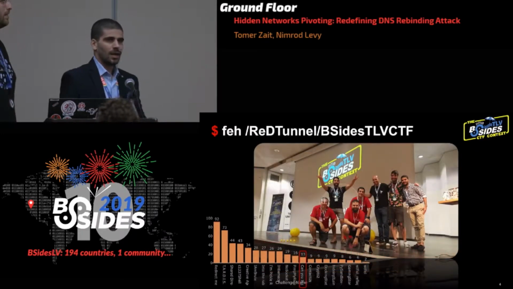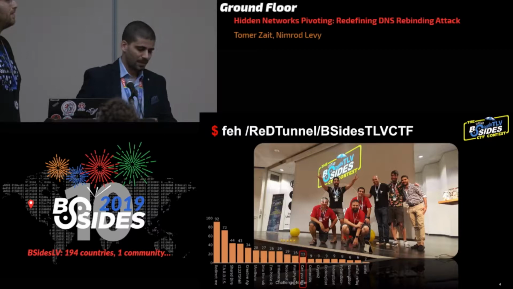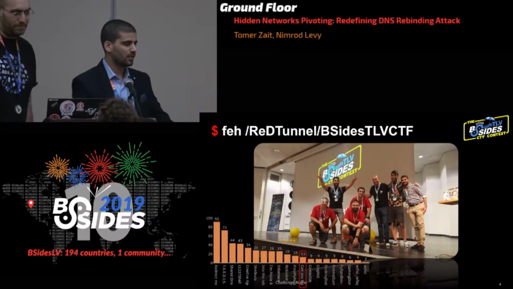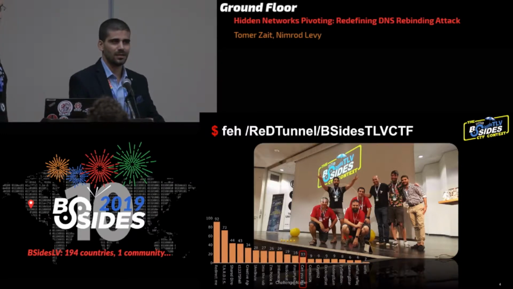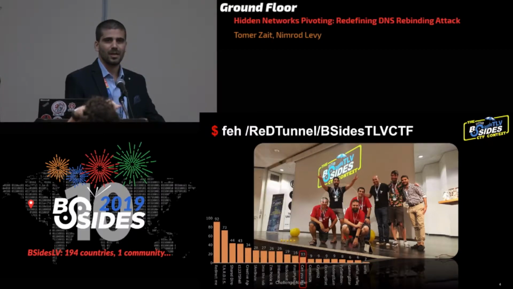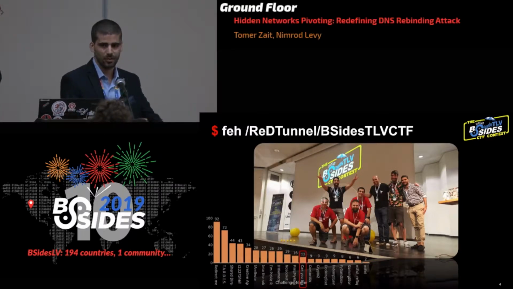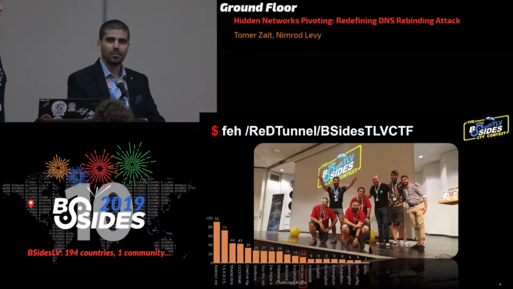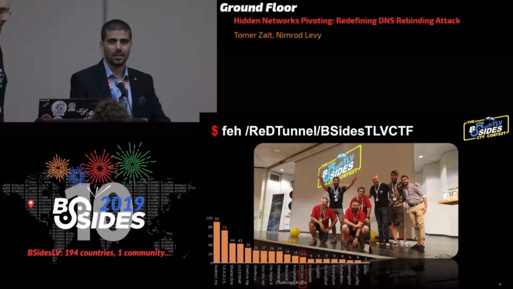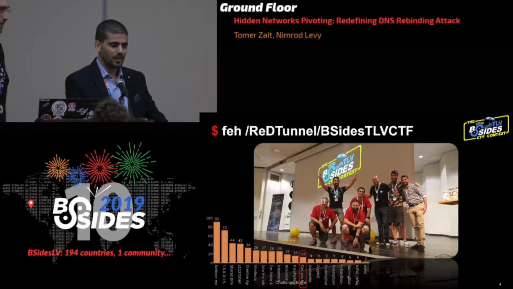So, how did this research begin? As a part of our community contribution, we are the developers of the BSidesLV CTF. Last year, we developed a challenge called Can You Bypass the SOAP? The challenge was based on a DNS rebinding vulnerability, of course, and the feedback was that the exploitation process is complex.